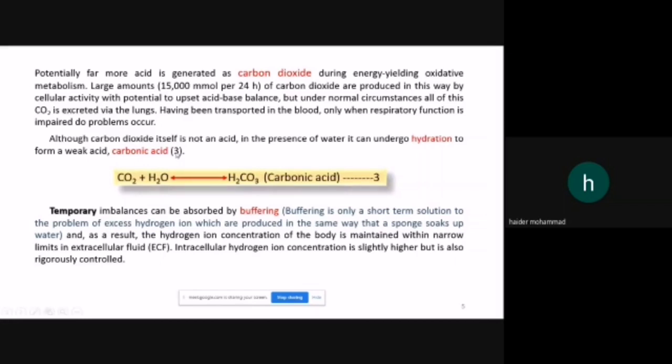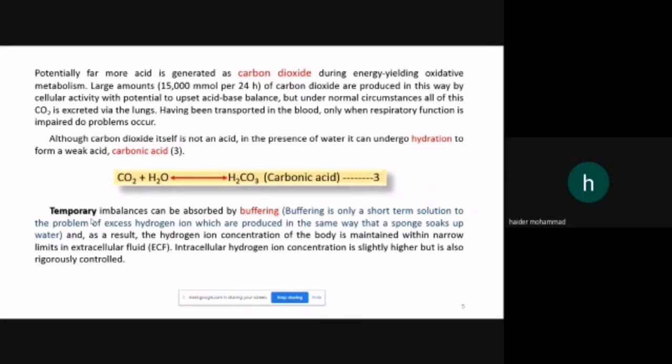Just have a look at this: temporarily, imbalances can be absorbed by buffer. إذا البفرنج يعني اللي هو معادلة الأسيدز will be removed or solved temporarily فقط, whereas if the high concentration of the hydrogen ions in the blood suddenly increases, هذه البفرنج تحل المشكلة. But ultimately, no, ultimately the kidney.